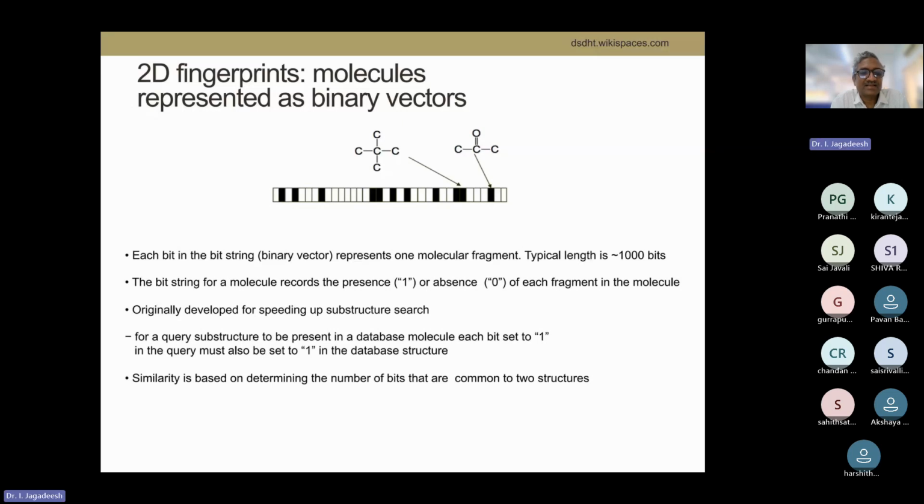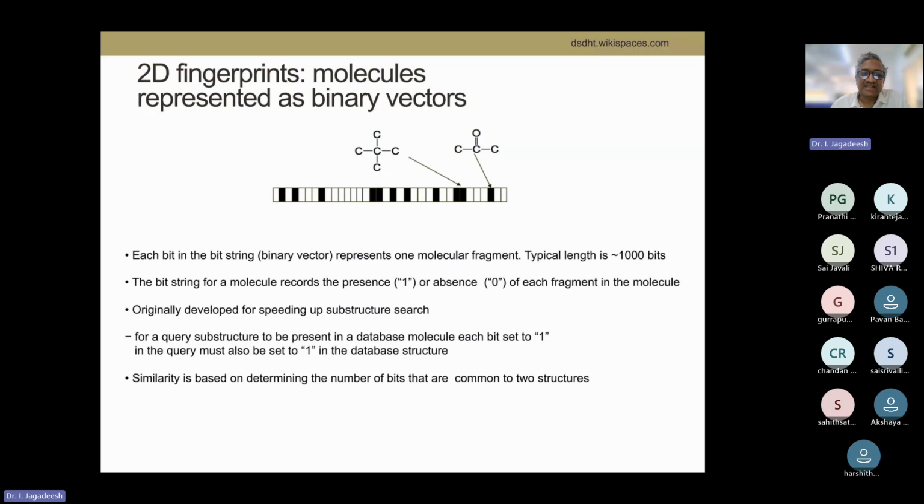So for the query substructure to be present in the database molecule, a bit set to 1 in the query must be set to 1 in the database structure, when both fragments are present in the tested moiety already present in the database, which is working as a drug-like moiety. So we are going to do both comparisons. For all the functional groups matching, we assign the number 1.